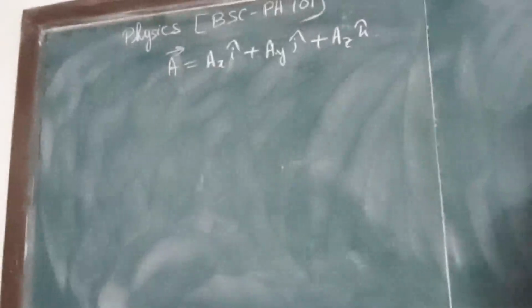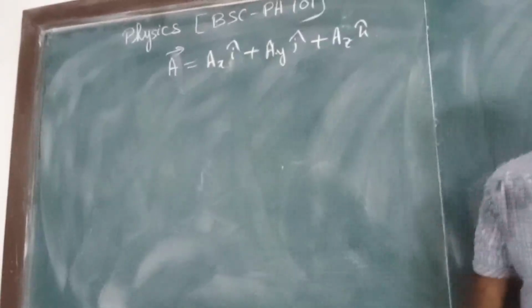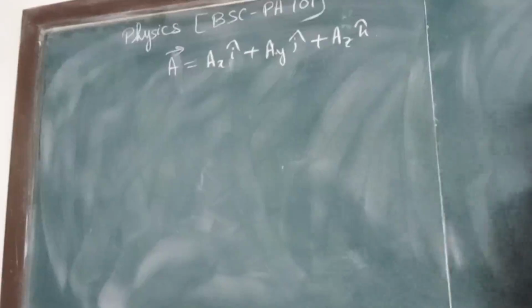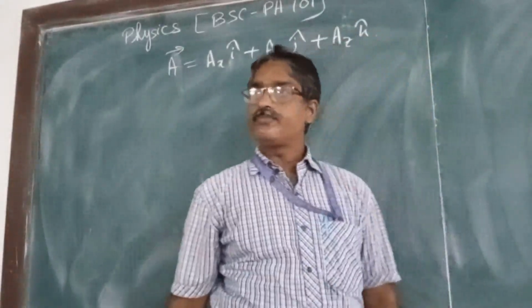If we draw the x axis, y axis, z axis and the vector A here, the unit vector along the x axis is i cap, along the y axis is j cap, and along the z axis is k cap.